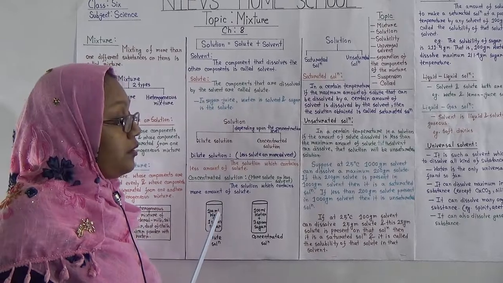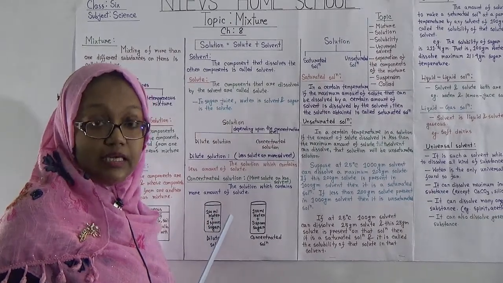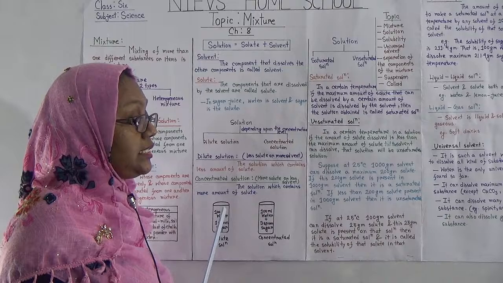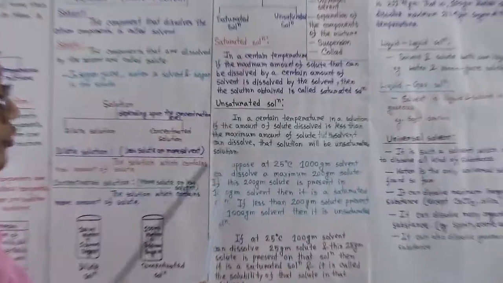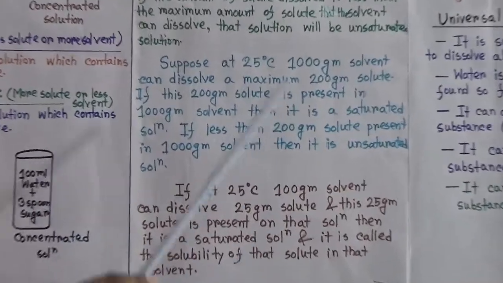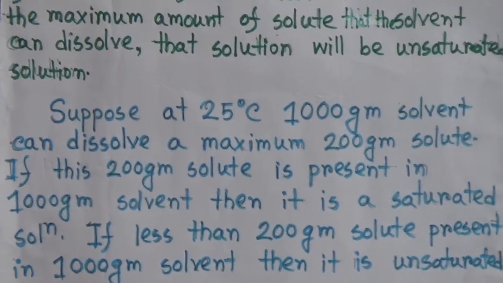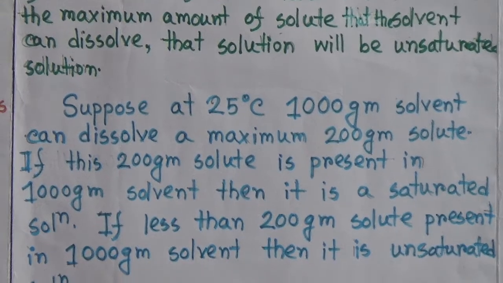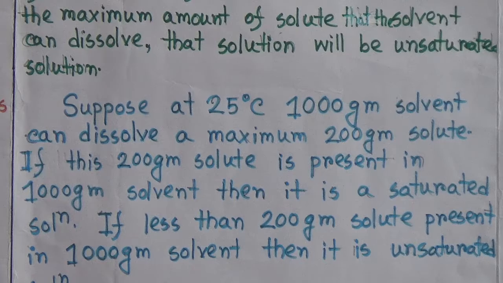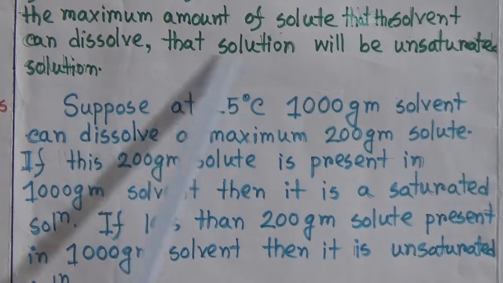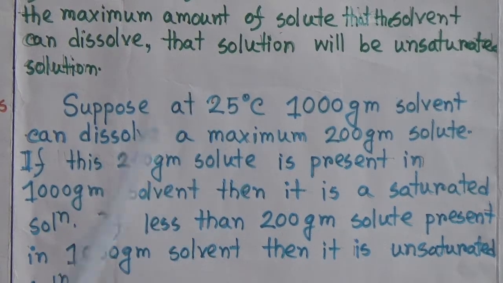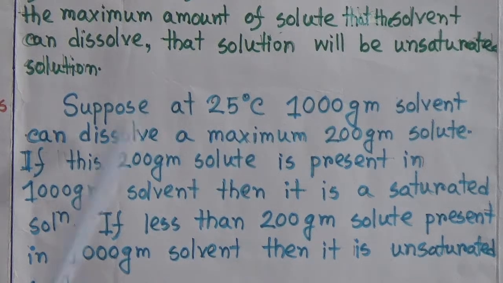Let's take, at 25 degrees Celsius we have taken 1000 gram of water, and in this 1000 gram of water 200 gram of solute can dissolve. If we give 200 gram of solute here, then this kind of solution will be a saturated solution.